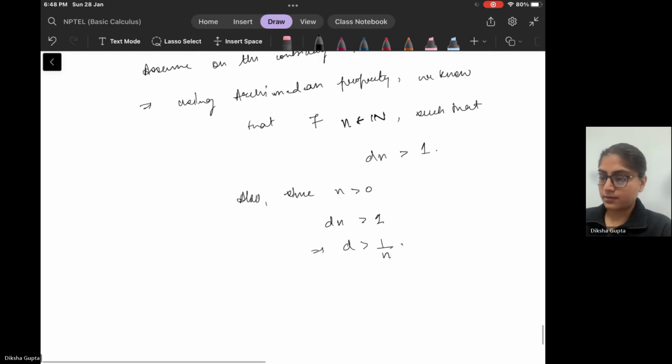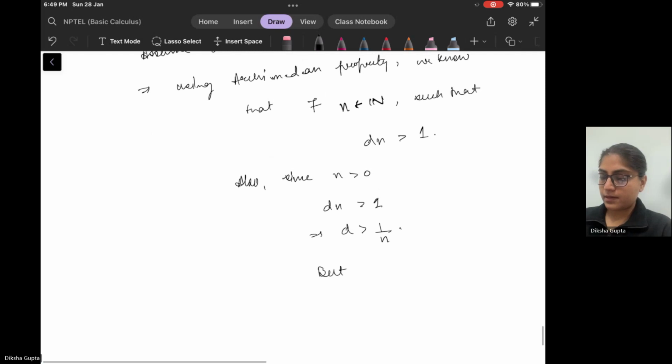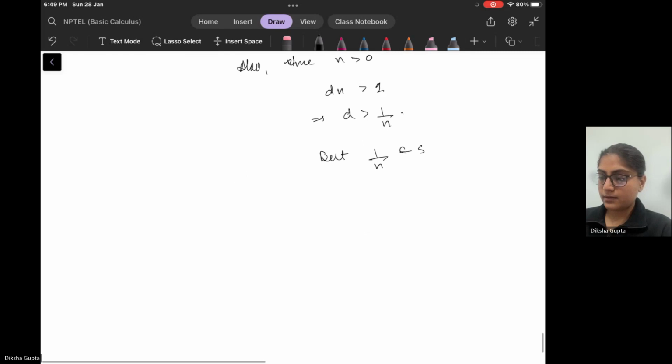But 1 by n belongs to S and D is a lower bound.